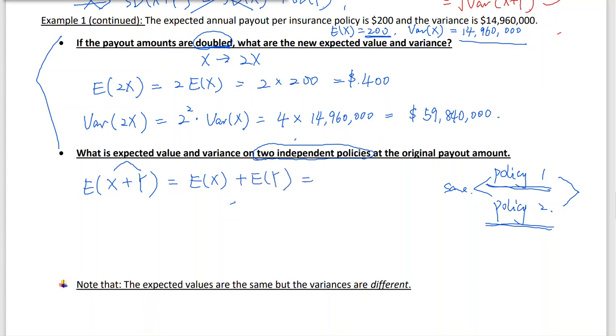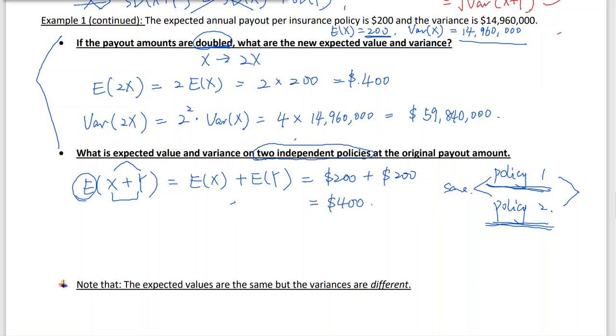Since these 2 policies are the same, you have $200 for the first policy and $200 for the second policy. Then you have $400. So the expected value will be the summation of these 2 policies.